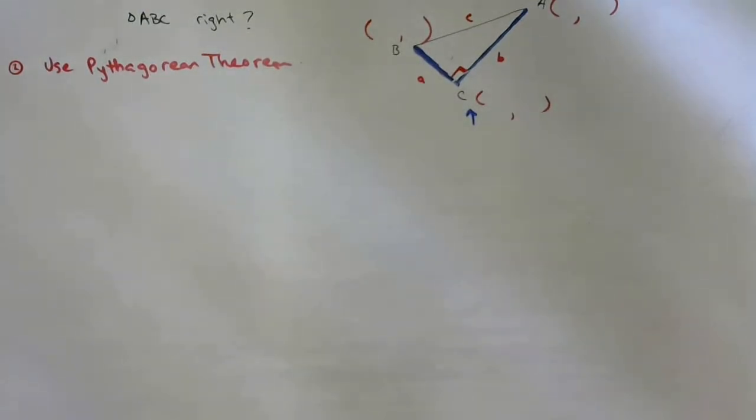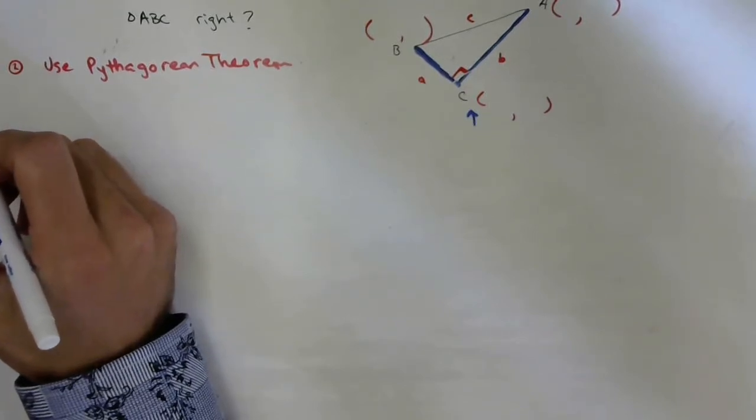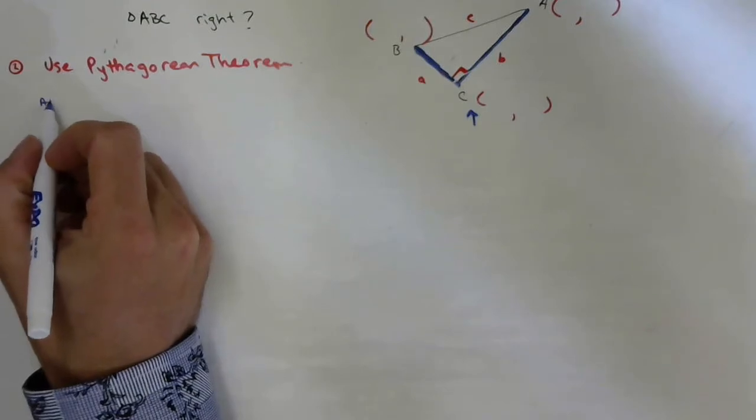All right, so Pythagorean Theorem, that means we're going to be looking for side lengths. So I know I'm looking for side lengths, and then I'm going to think about Pythagorean Theorem. So what am I going to do? I'm going to use my coordinates and my distance formula, my length formula, in order to get the length of each of these sides. So let's go with side length AB.